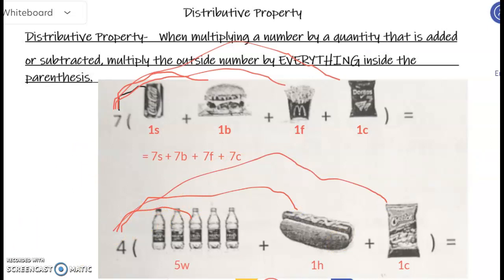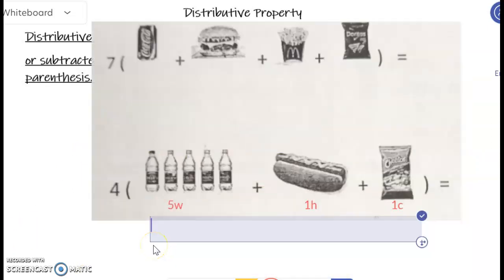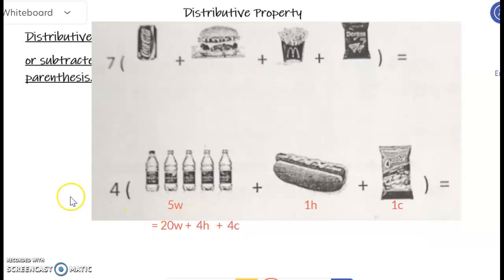When you do the multiplication, you will end up with 4 times 5W is 20W. 4 times 1H is 4H. And 4 times 1C is 4C. And that will be your final answer right there.